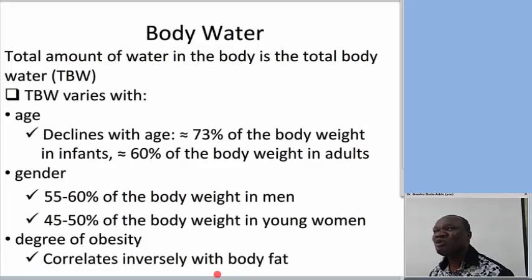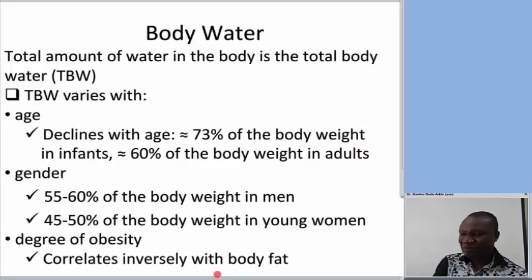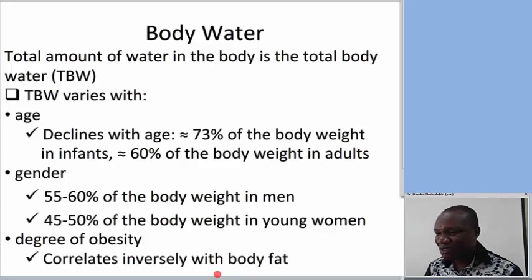Now, gender. The total body water is higher in males or men compared to women. It's about 55 to 60% of the body weight in men, and 45 to 50% of the body weight in young women.